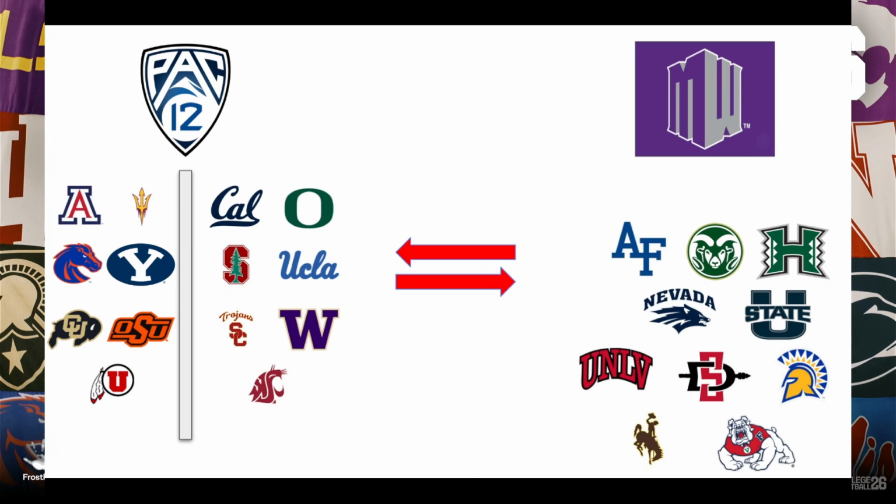And then on that other side, we've got Cal, Oregon, Stanford, UCLA, USC, Washington, and Washington State. Mountain West would be the only conference right now that doesn't have a division, but it's still packed with Air Force, Colorado State, Hawaii, Nevada, Utah State, UNLV, San Diego State, San Jose State, Wyoming, and Fresno State.